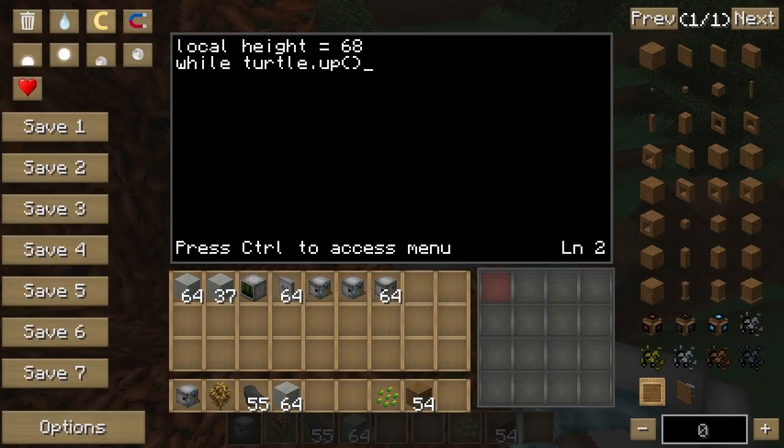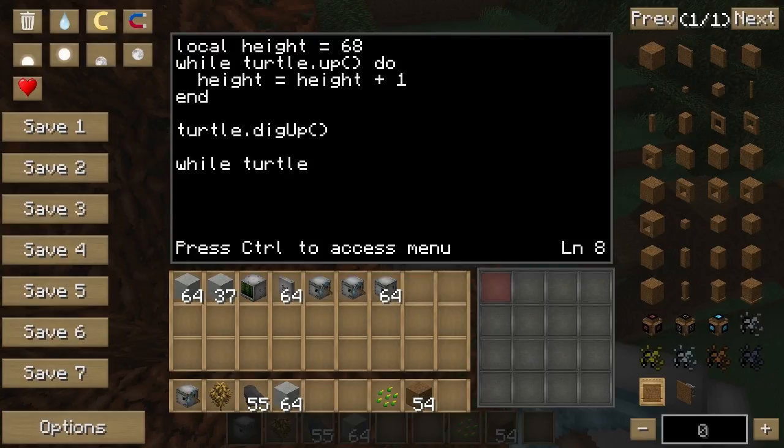Okay. And yeah, so I've got a line break, tilde up. So I'm gonna test this as well.